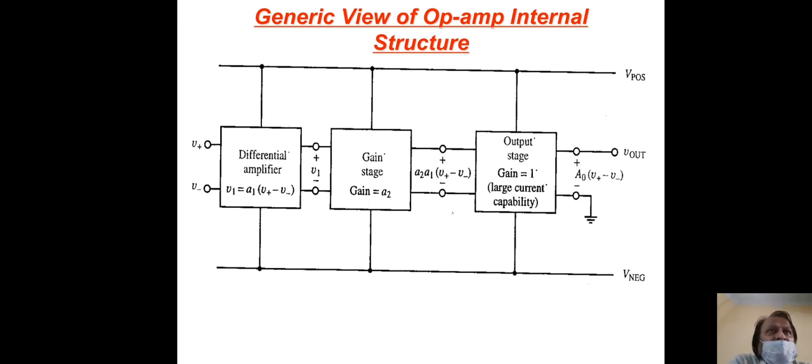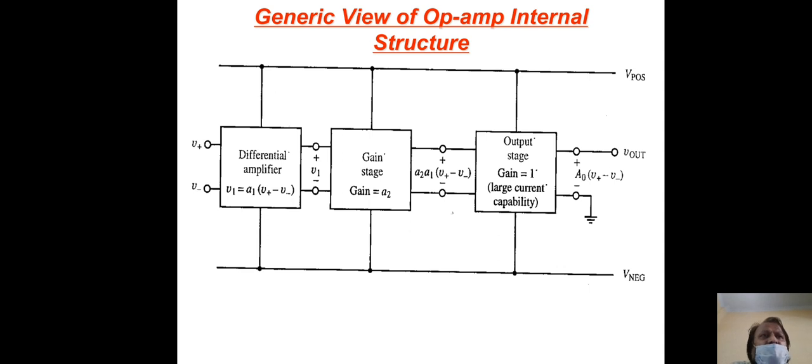An op-amp usually comprises at least 3 different amplification stages. As shown in this figure, the differential amplifier input stage has a gain of A1, with V positive and V negative being the non-inverting and inverting inputs.